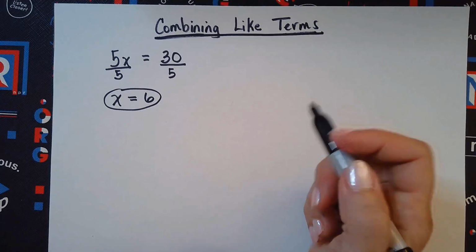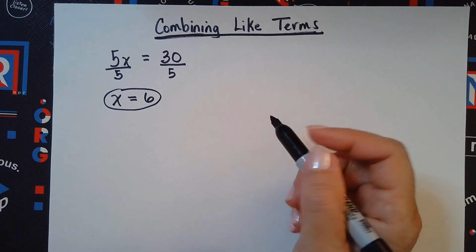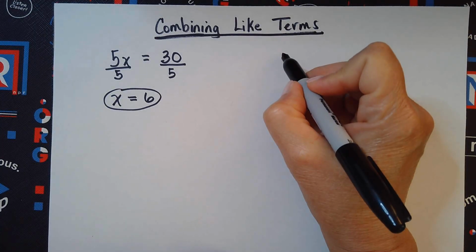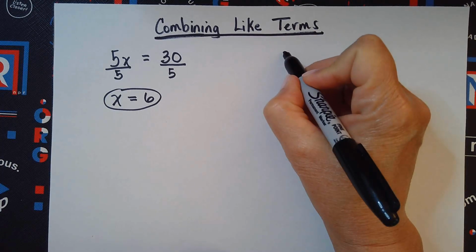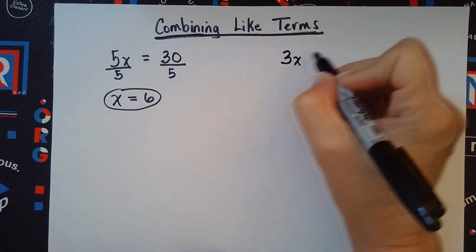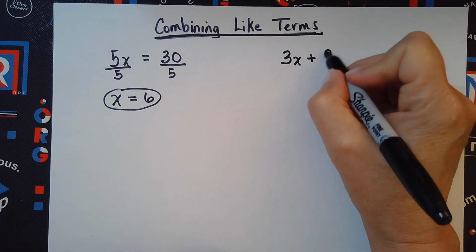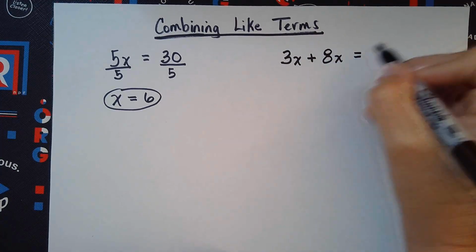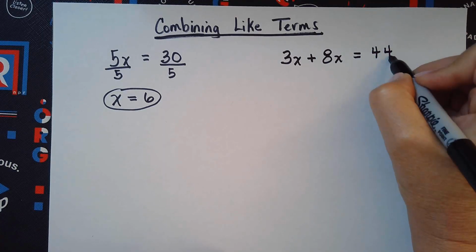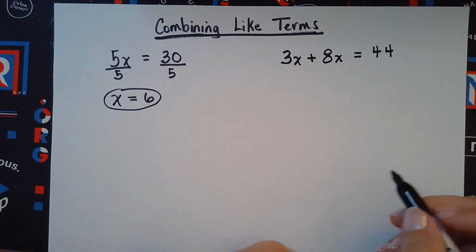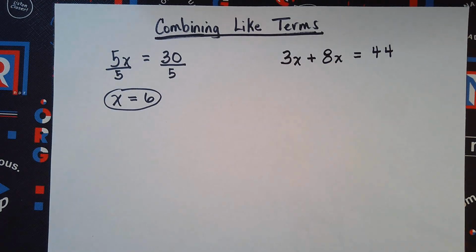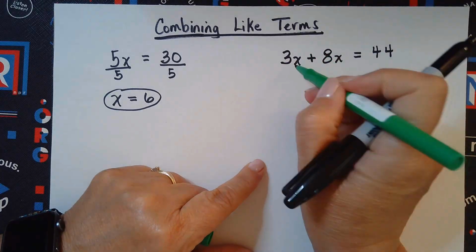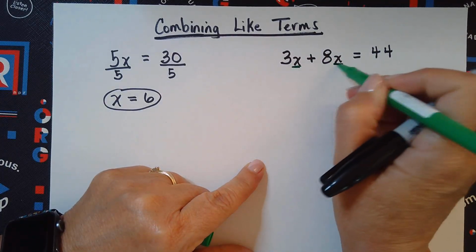I could make this problem harder, though, by giving you a problem that looks like this. Let's see. 3x plus 8x equals 44. All right, let's try that. Now you'll see that we have two terms here. But do you see that both of these are x terms, right?